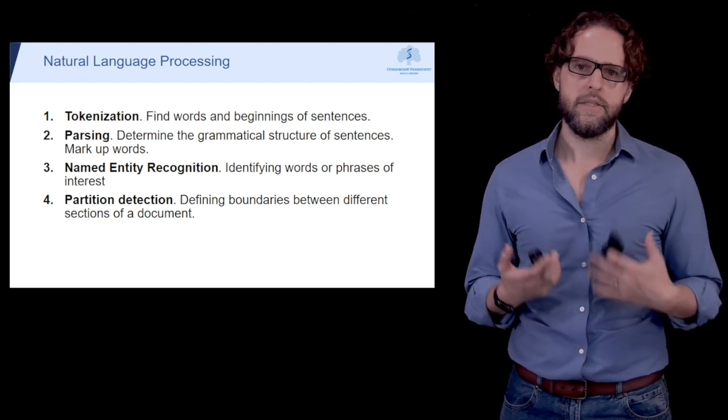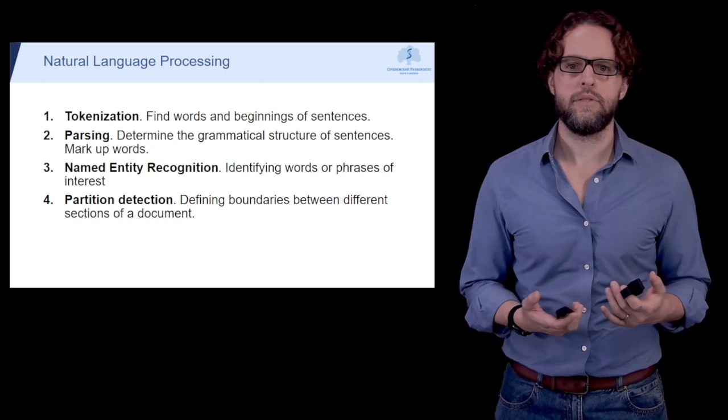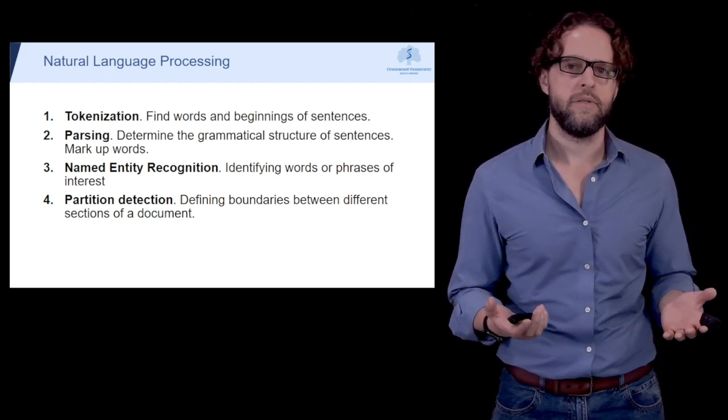The first is tokenization, and the goal of this stage is to discover words and determine where they belong in the sentences.